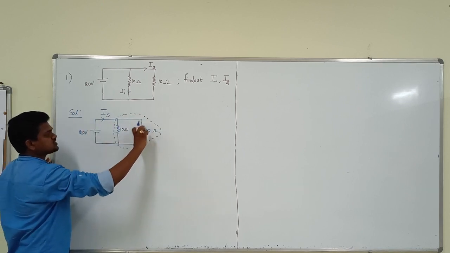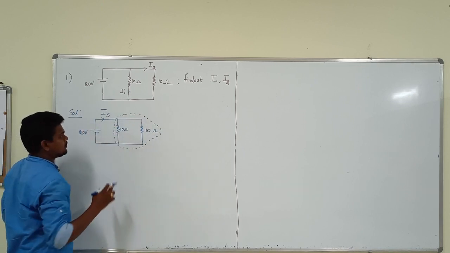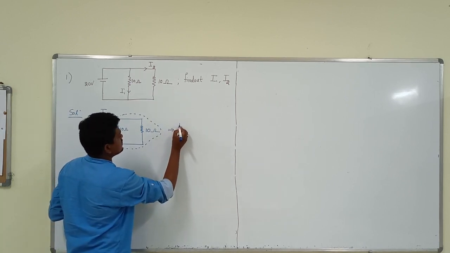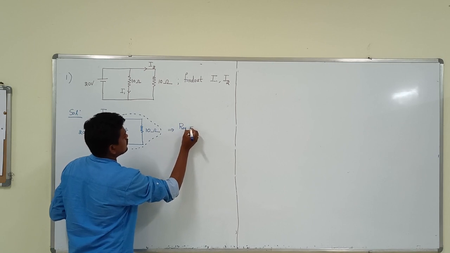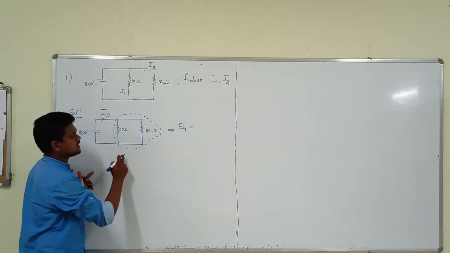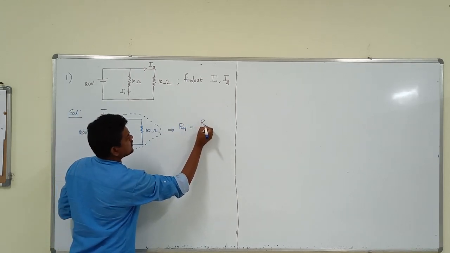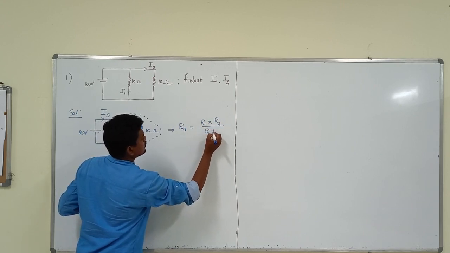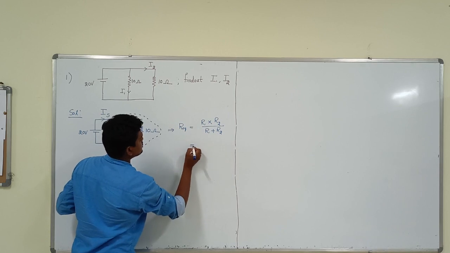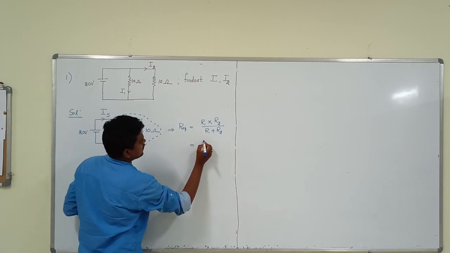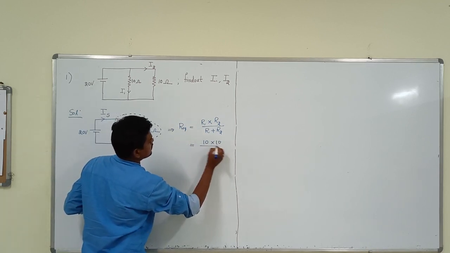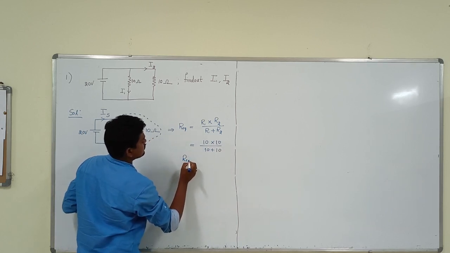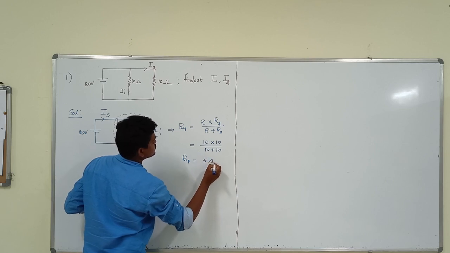Here both 10 ohm resistors are connected in parallel. To find the equivalent resistance, R equivalent, with R1 and R2 in parallel, the formula is R1 into R2 by R1 plus R2. From this, 10 into 10 by 10 plus 10, if you solve this, you will get 5 ohms.